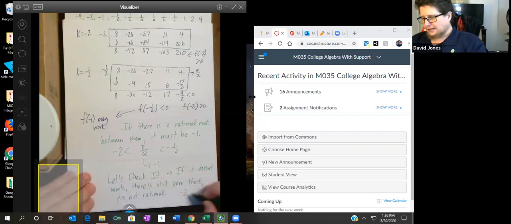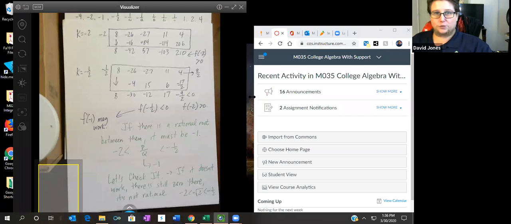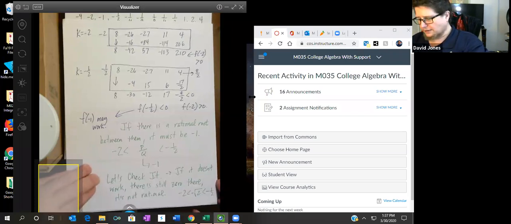Like negative square root of 2 is irrational, but it's between negative 2 and negative 1/2. So it could have an irrational root in there. Okay, I'm going to assume you pause it and are working it out.